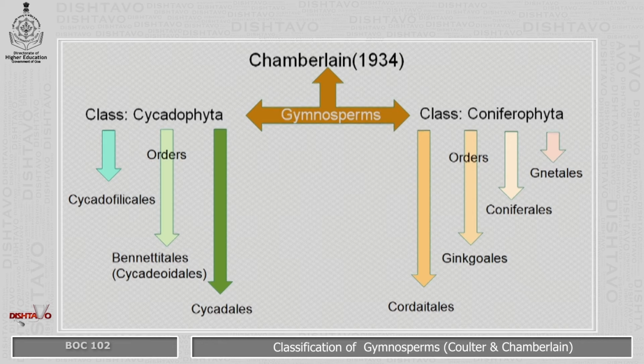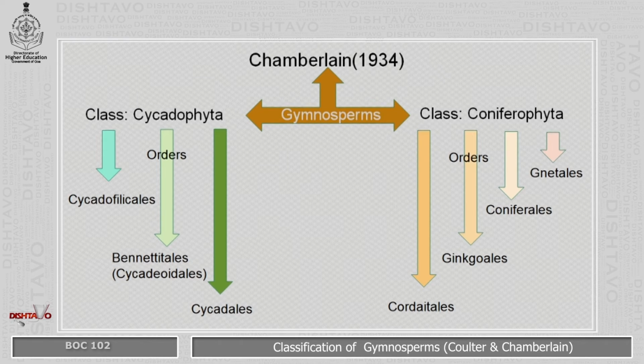Further, these groups or classes were classified into 7 orders. They were Cycadophylicales, Bennettitales or Cycadeoidales, Cycadales, Cordaitales, Ginkgoales, Coniferales and Gnetales.